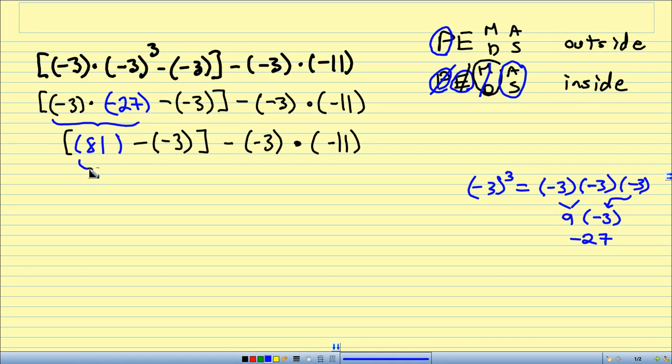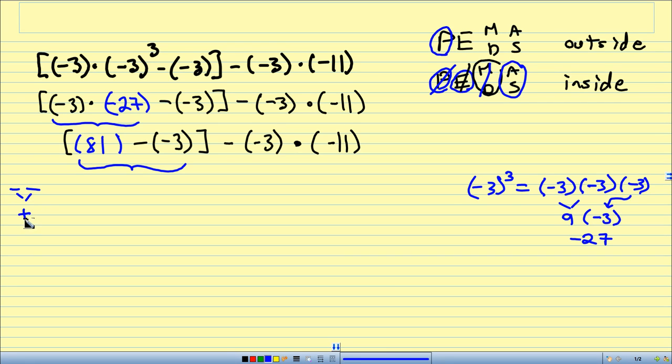So I do have addition and subtraction inside that bracket. I got 81 minus a -3. Minus a minus is a plus. Remember, whenever I have a minus a minus, I can make it into a plus right there. Or I teach it as 2 vampire stakes.